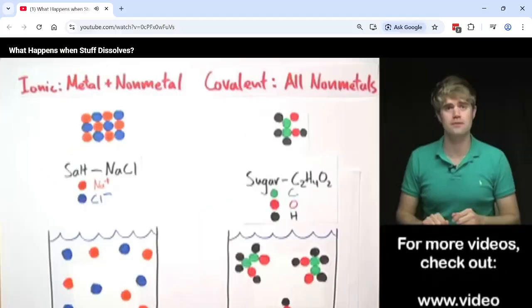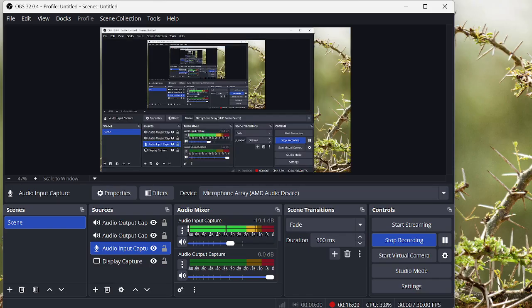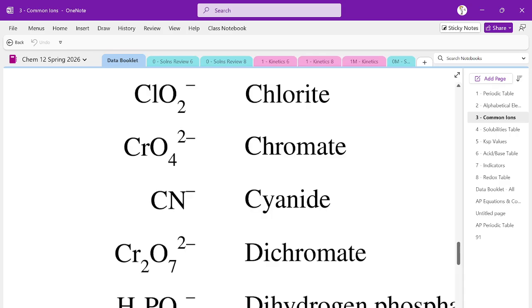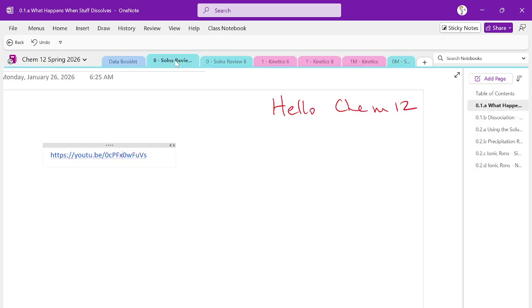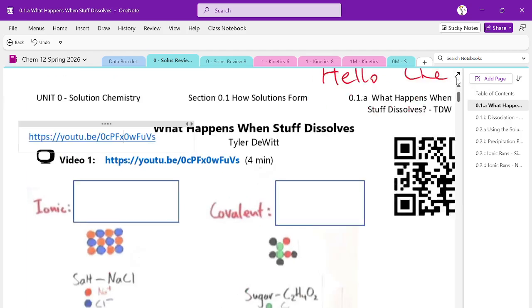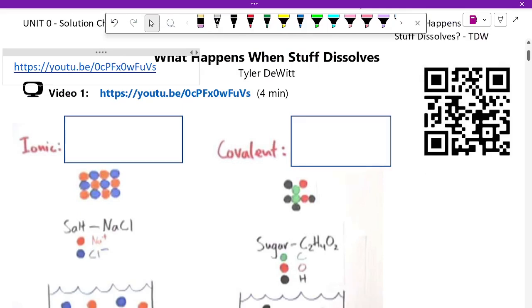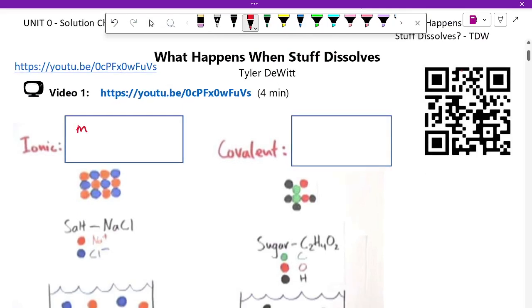Okay, and we're going to pause there, and we are going to make sure we have filled everything in and just add a couple things that weren't there on the video. So ionic was made of metal and non-metal, which I think most of you got, hopefully. So this is metal plus non-metal.